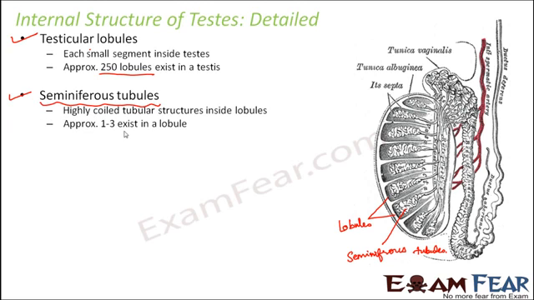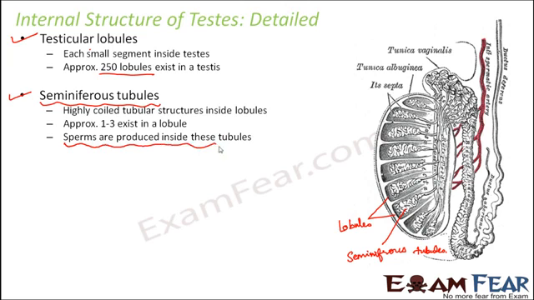Approximately 1 to 3 exist in a lobule. So inside one lobule you have around 1, 2 or 3 seminiferous tubules. One tubule is a very highly coiled tubular structure. Sperms are produced inside these tubules.